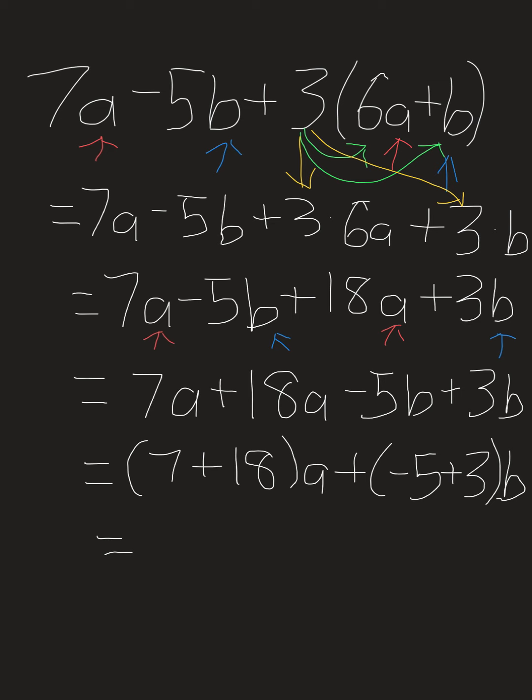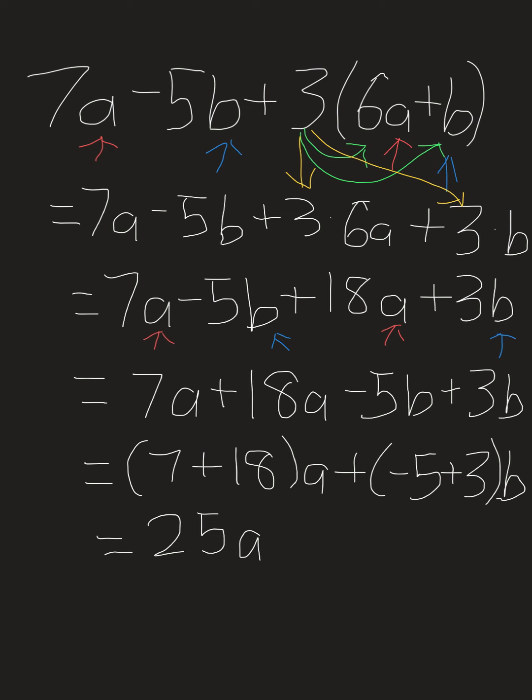Who can tell me what 7 plus 18 is? 7 plus 8 is? 15. Good. So 7 plus 18 is? 25. So we have 25a. Good.